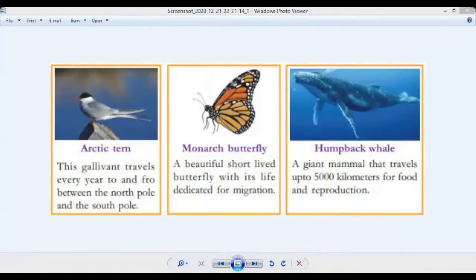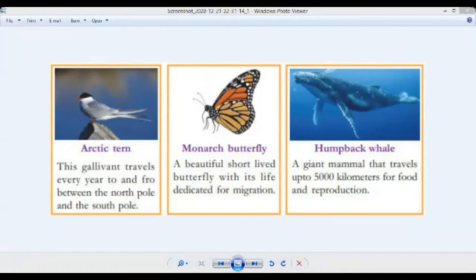That means it will go there and return, to and fro between the North Pole and the South Pole.